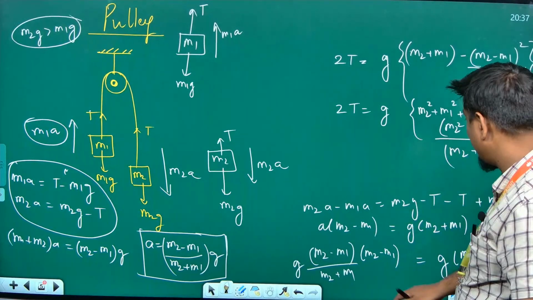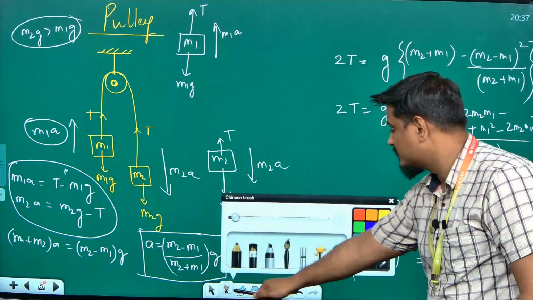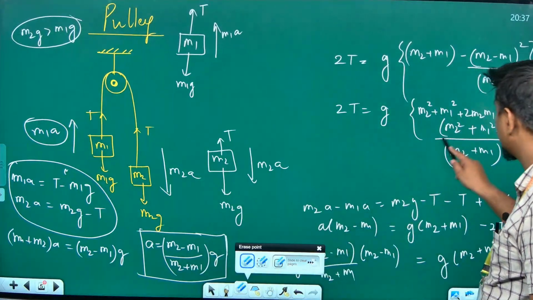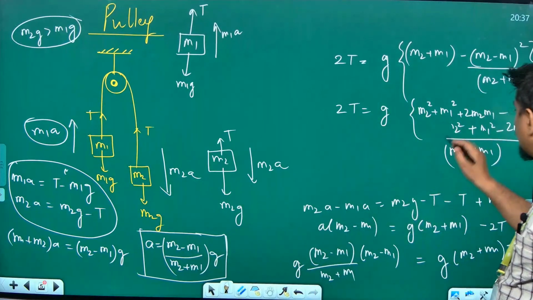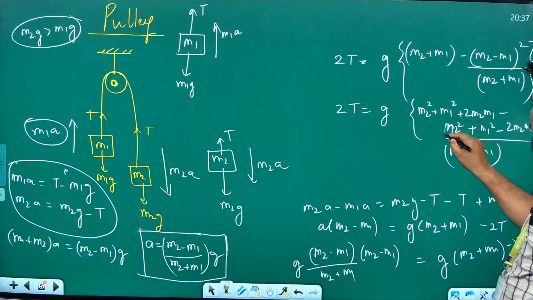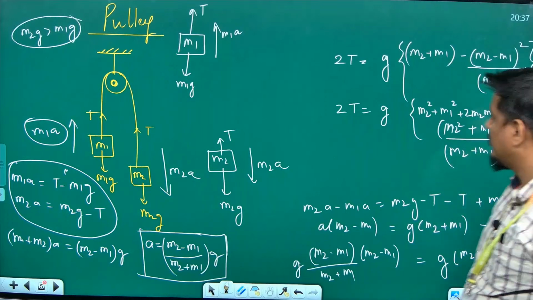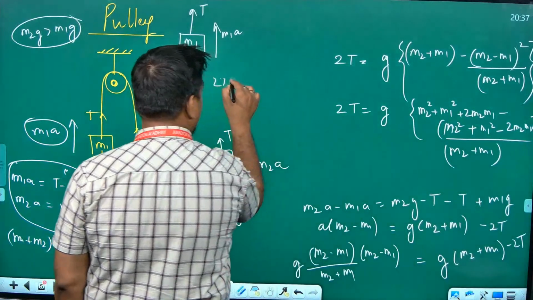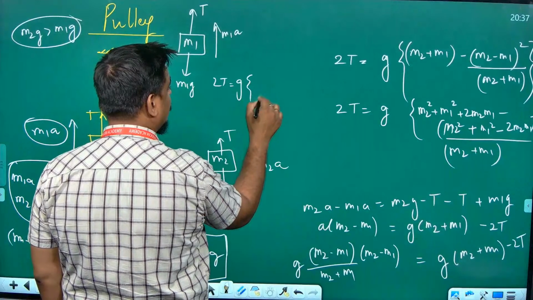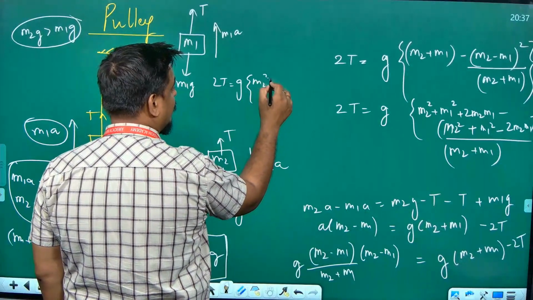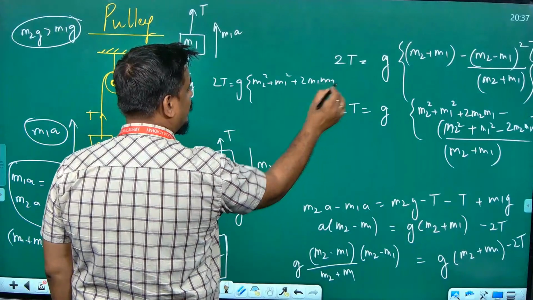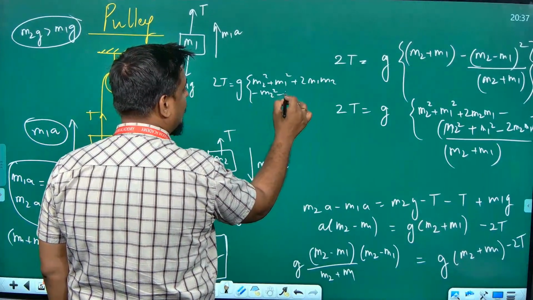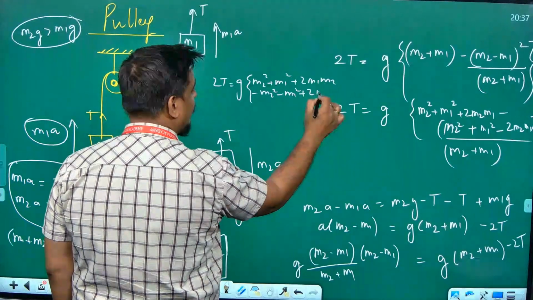When it will get over, if I open the bracket, then this will become negative. Let me open here, 2T is equal to g into, open the bracket, it will become m2 square plus m1 square plus 2 m1 m2 minus m2 square minus m1 square plus 2 m1 m2.